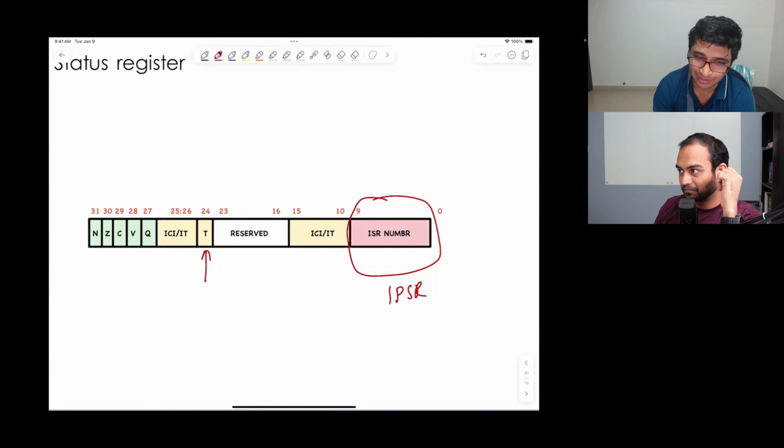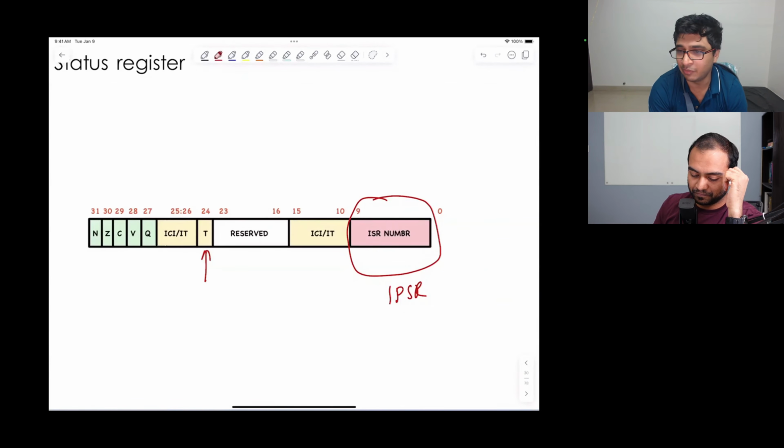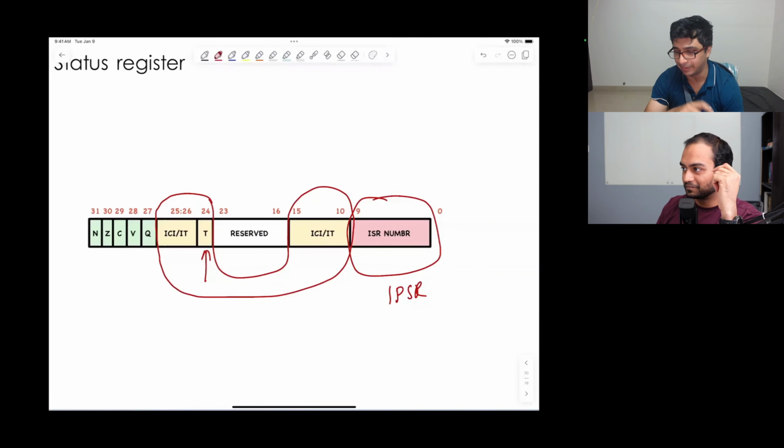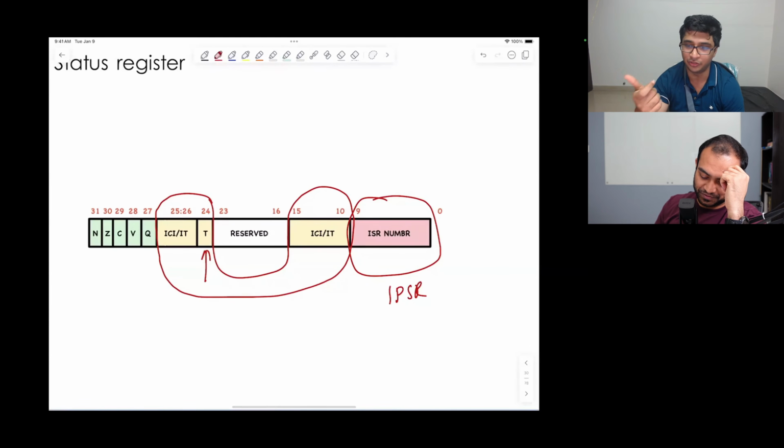The execution program status register contains something called if-then and interruptible instructions. Basically, ARM supports multiple load and multiple store instructions, where you can load a continuous block of memory directly into multiple registers in one go, and you can also store.